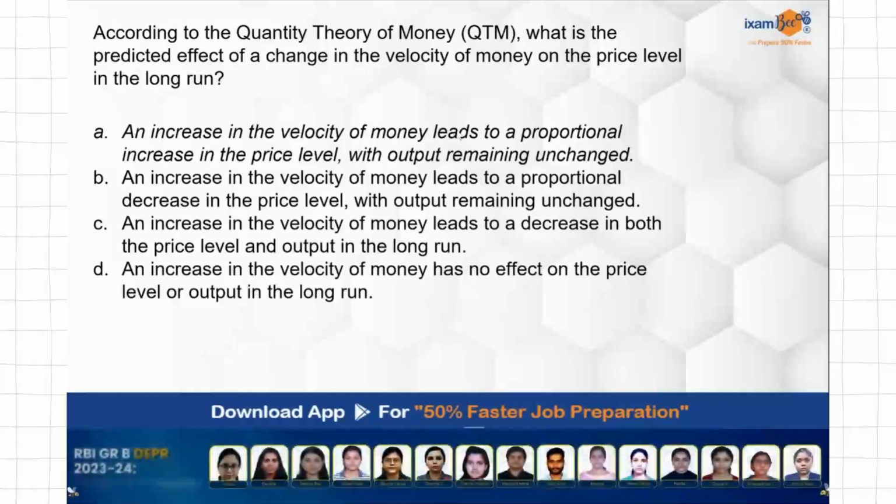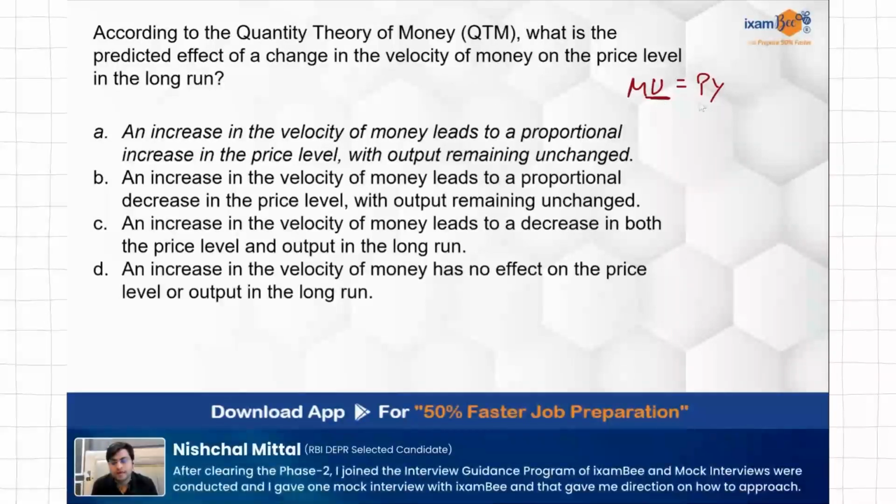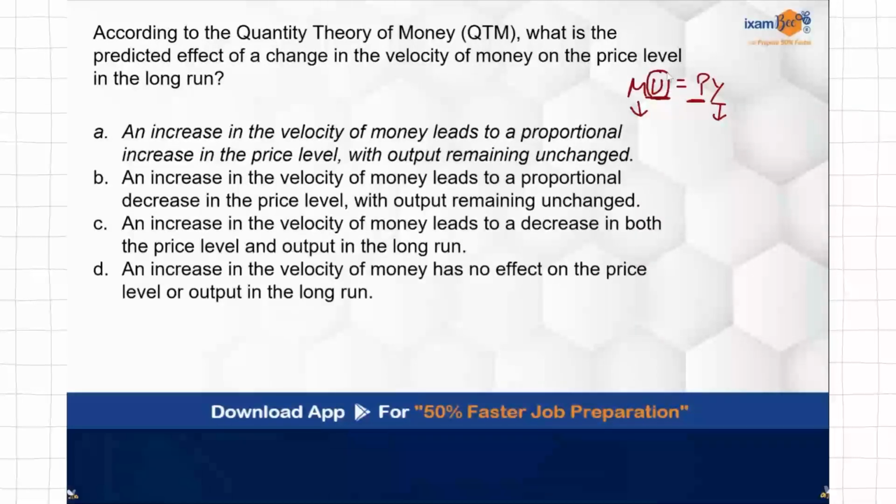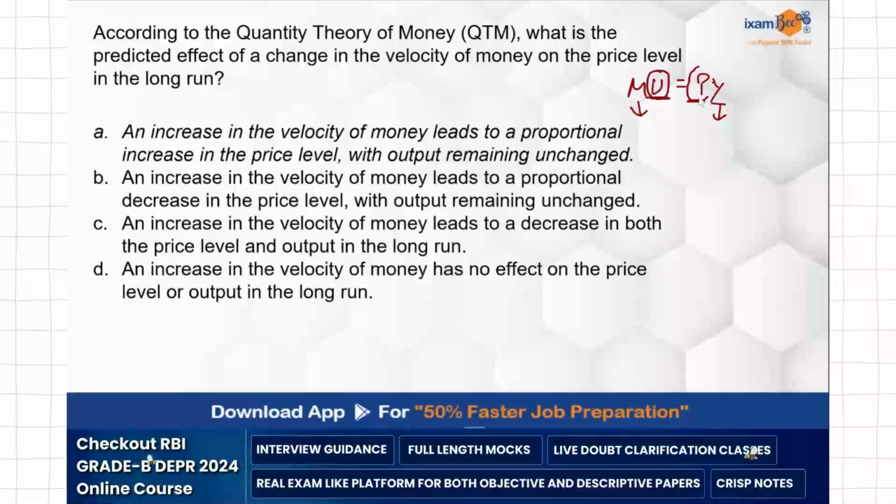Okay. According to the quantity theory of money, which is MV equals PY, what is the predicted effect of a change in the velocity of money, this V, on the price level in the long run? If we are in the long run, and M and Y are constant for the time being, any change in V will directly impact P, right?